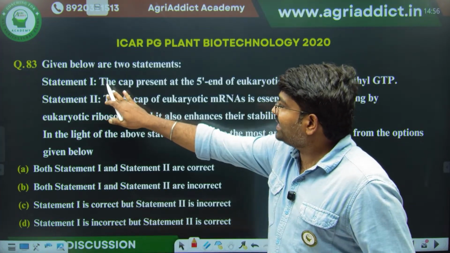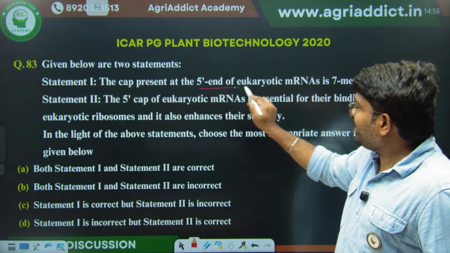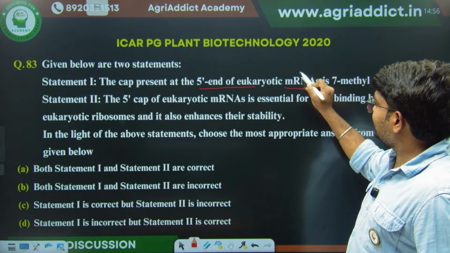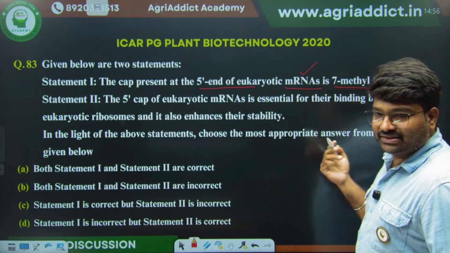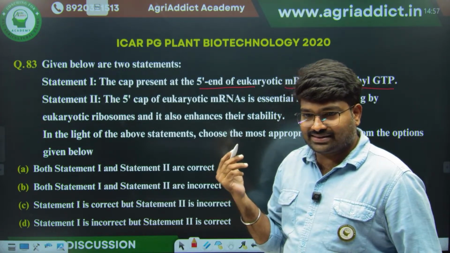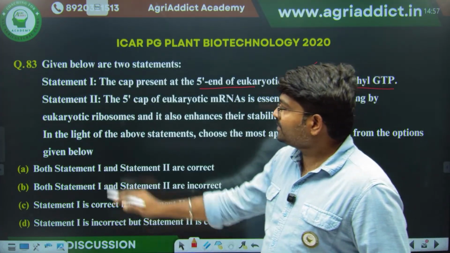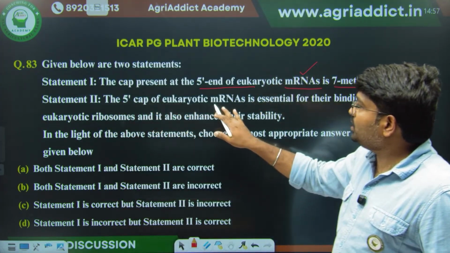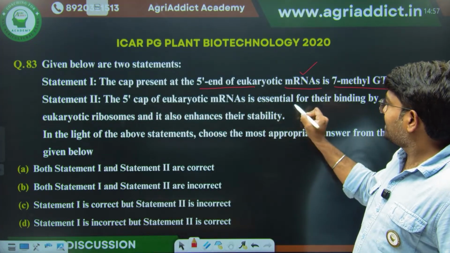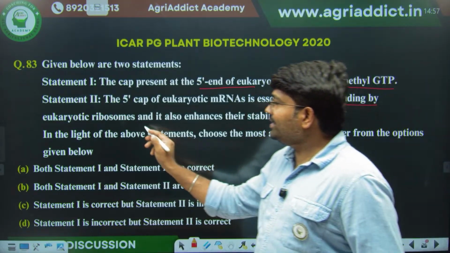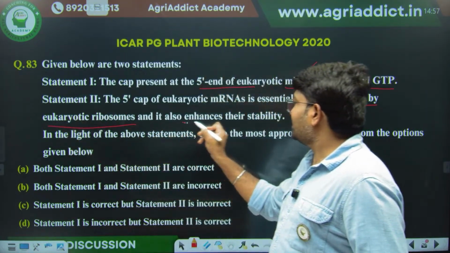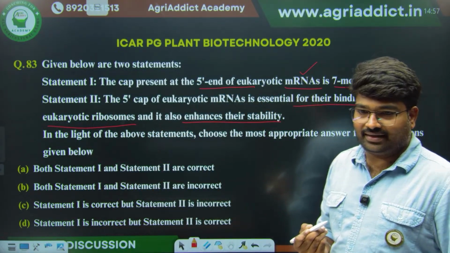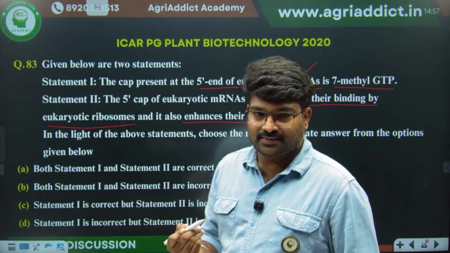Another statement question regarding transcription and translation. The cap present at the 5' end of eukaryotic messenger RNA is 7-methyl GTP. The 5' cap of eukaryotic mRNA is essential for binding by eukaryotic ribosomes and this also enhances their stability. What will be the answer?